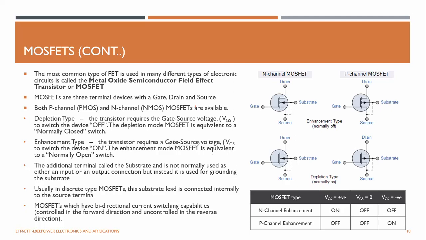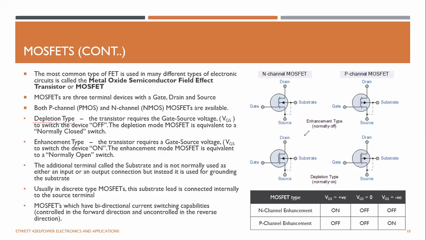There are two types of MOSFETs in the market. The first one is the depletion type. Like in PLCs, you have normally on and normally closed switches. This is a depletion type. The symbol is different.